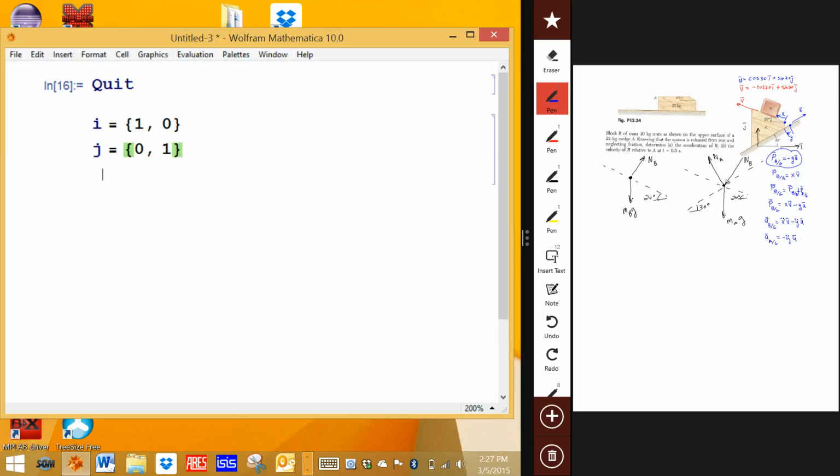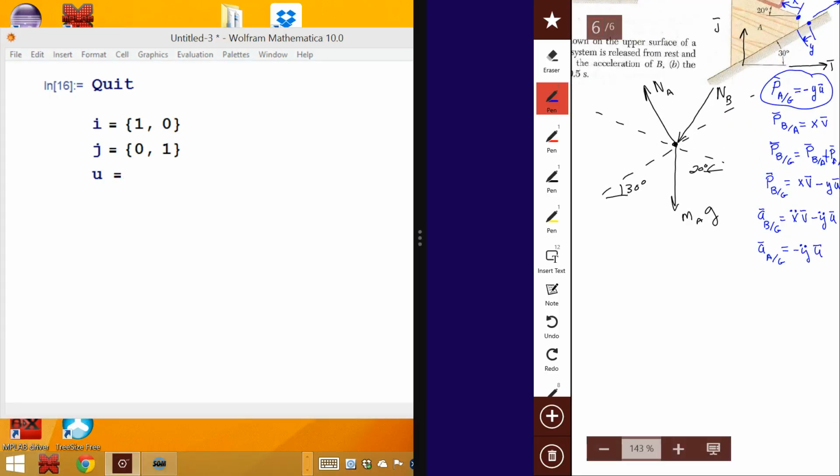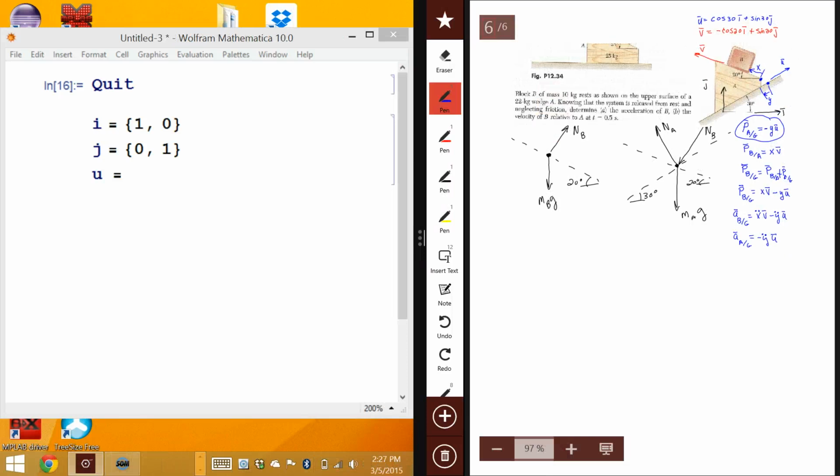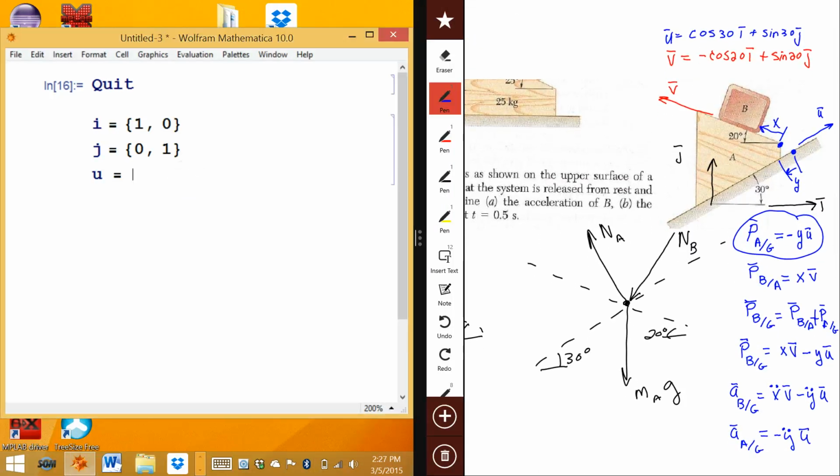Then I'm going to define the u vector, which is up here in blue. And I'm going to define the v.